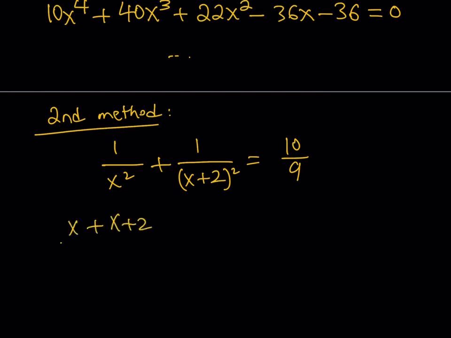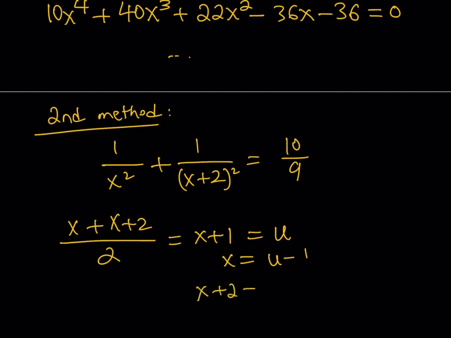The average of two things is basically you add them up and divide by 2, and this should be x plus 1. So x plus 1 is what we're going to call u. Awesome. This means that x is equal to u minus 1, and x plus 2 is going to equal u plus 1. So that's the beauty of this method, that it's going to give us some symmetry. That's what we're looking for, okay?